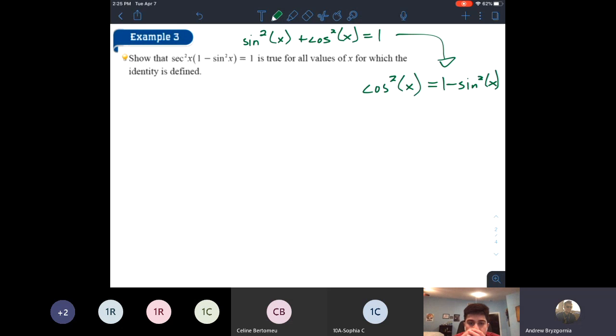So since we are able to do that, we can take what was in parentheses over here and change that into cosine squared. So our equation can become secant squared of x times cosine squared of x equals 1.